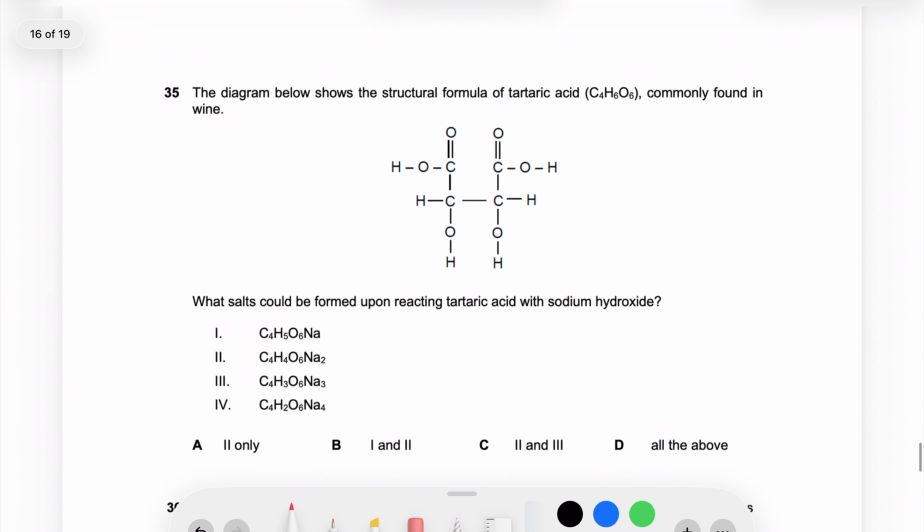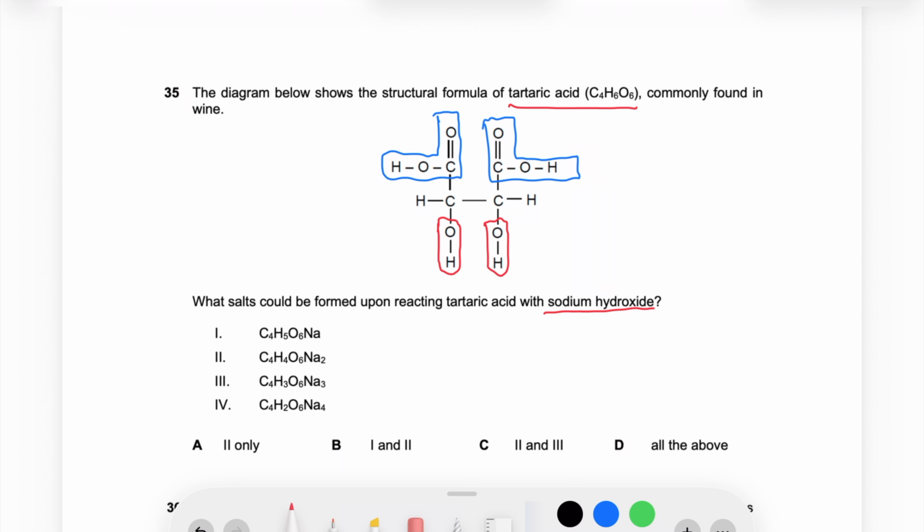35. The diagram shows the structural formula of tartaric acid. So you can see it has the COOH group and also the OH group, the hydroxy group. So what salts can be formed by reacting tartaric acid with sodium hydroxide?